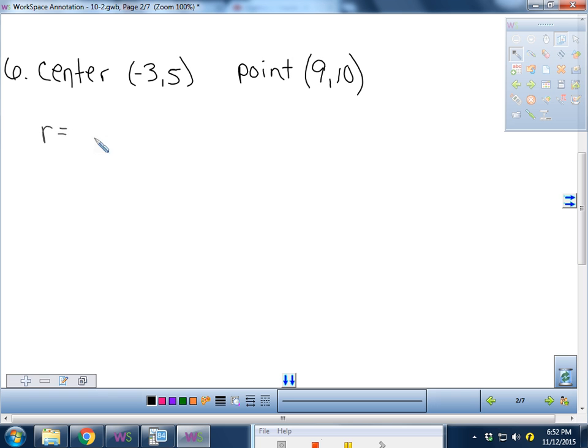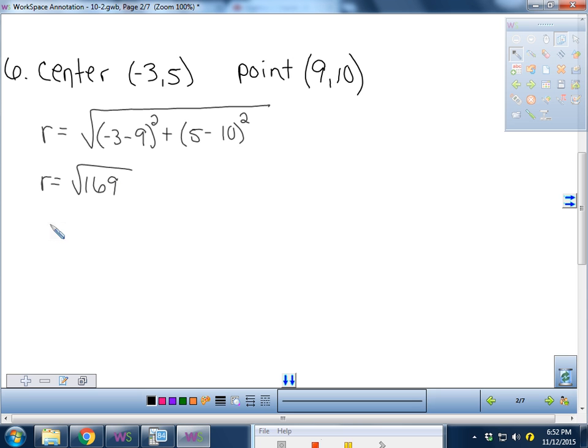So I will square root: I need to subtract my x's, so negative 3 minus 9, and square that, plus subtract my y's, 5 minus 10, and square that. You're going to get the square root of 169, which is 13. So now I have my radius and I have my center.